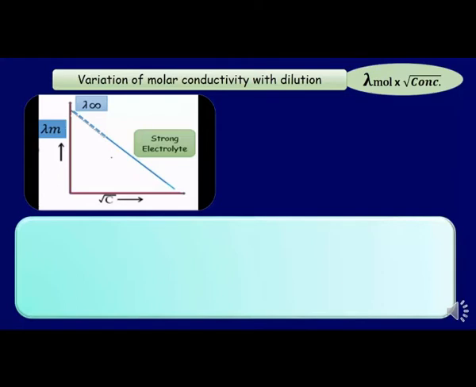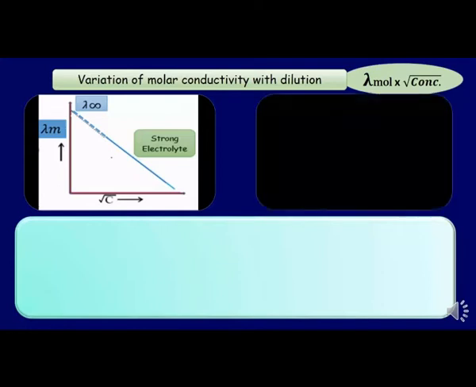In case of a strong electrolyte, since the graph is a straight line, we can extend the graph and calculate lambda infinity. That is the most important point in this.